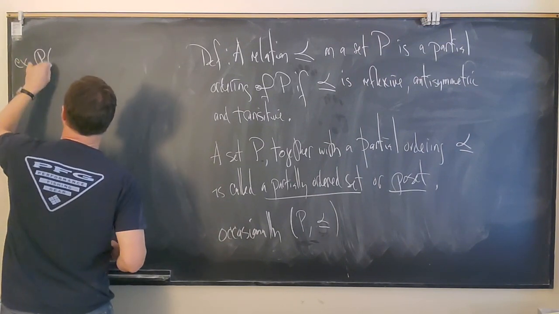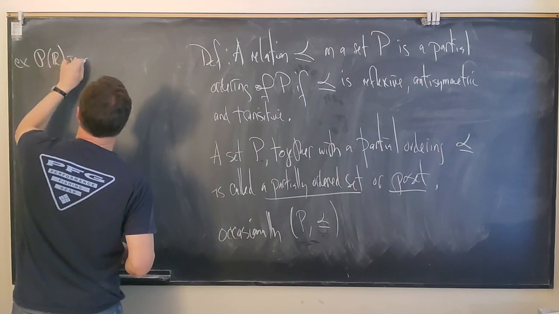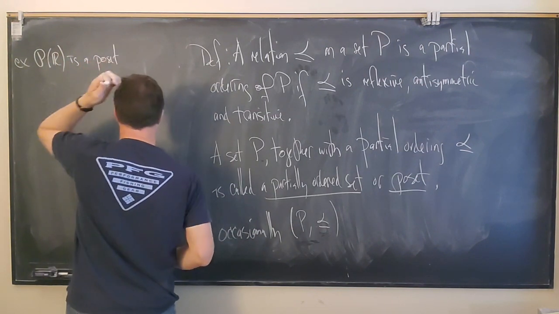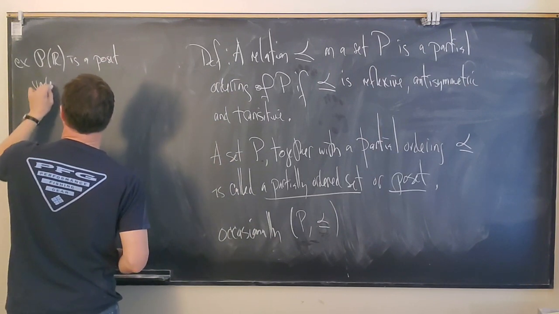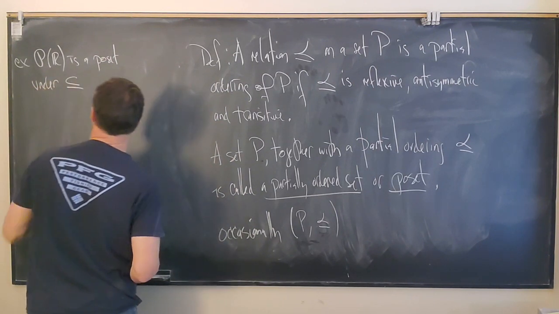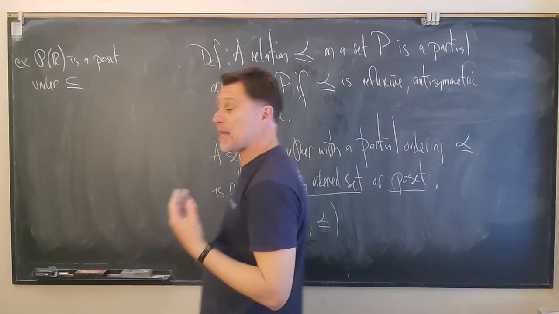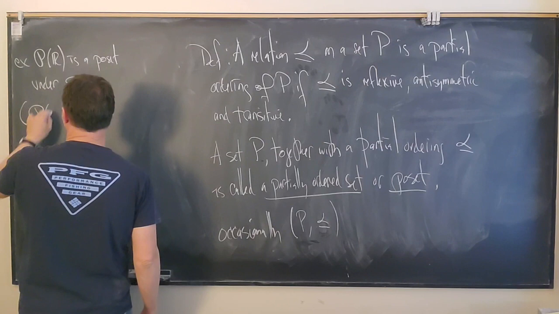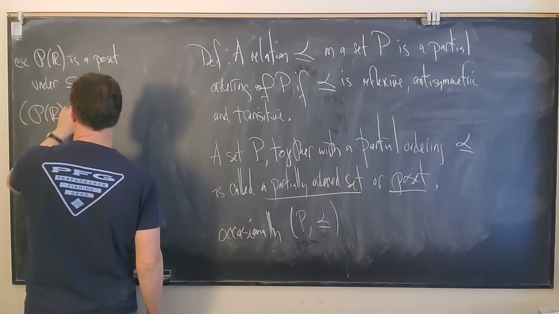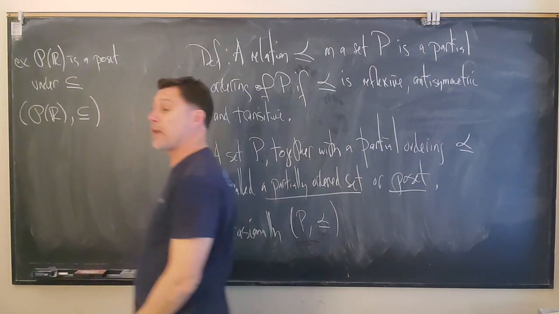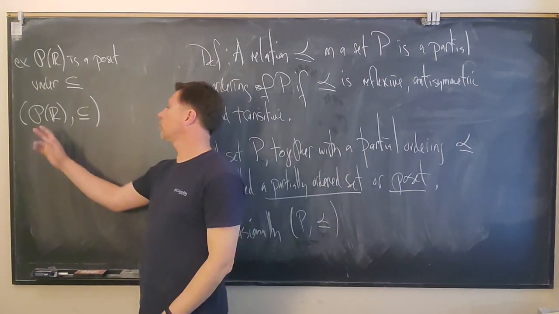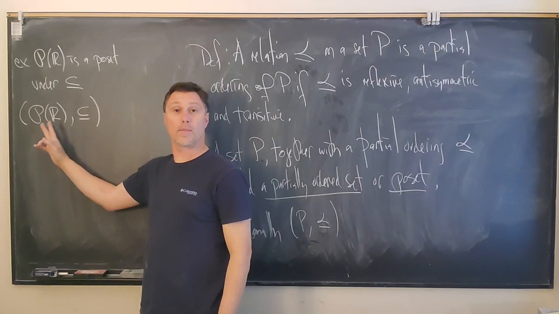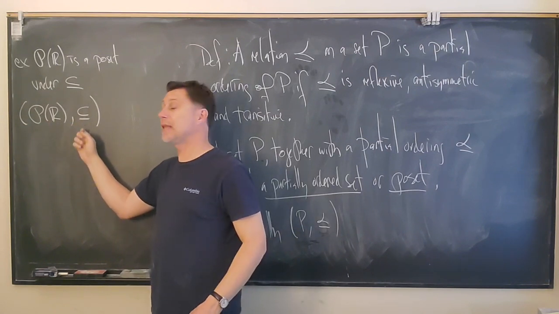The power set of the real numbers is a poset under the partial ordering that you get from the subset relation. And so we could write this if we wanted using ordered pair notation. This would be saying we've got a partially ordered set consisting of the power set of the real numbers together with the relation subset.